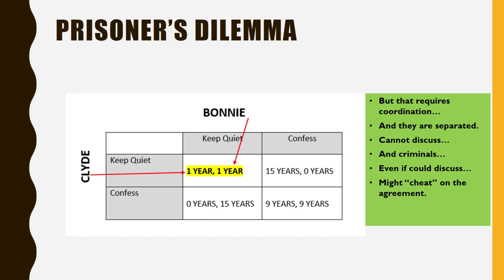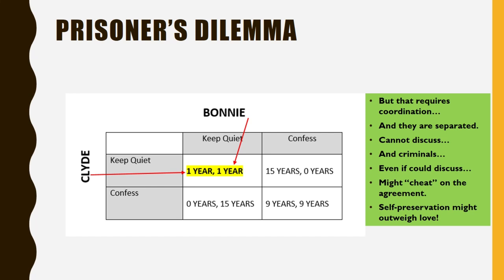And then as soon as they separate, well, maybe self-preservation is going to outweigh love, and Bonnie's going to say, well, sorry, Clyde, but I can make my circumstance a lot better off if I confess and they convict you with me testifying, right? All right, so you see what's going to happen here.